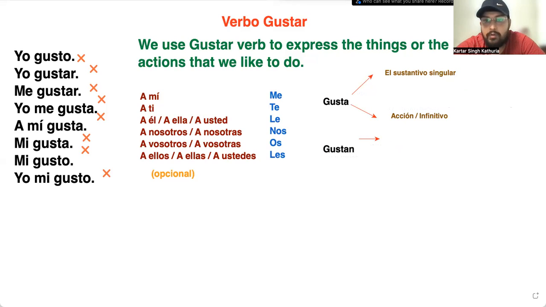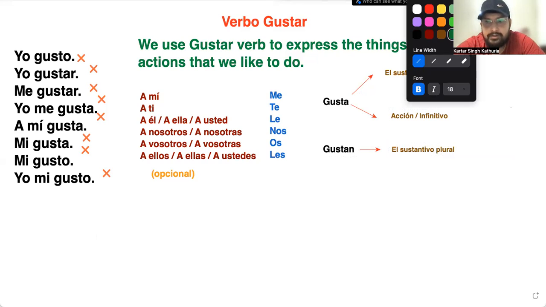To understand more about the verbs, you can watch the previous videos. So when will I have to use gustan? It means I will always use gustan when I have a plural object or plural noun, el sustantivo plural.